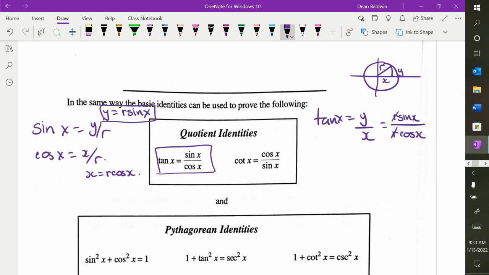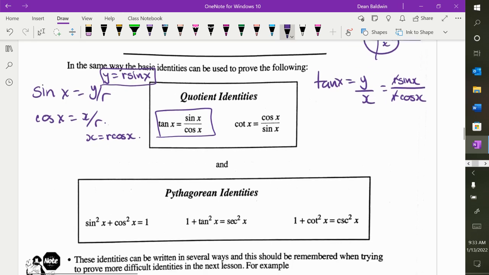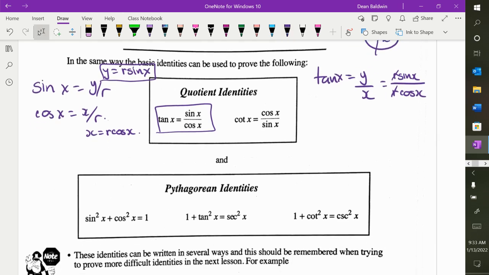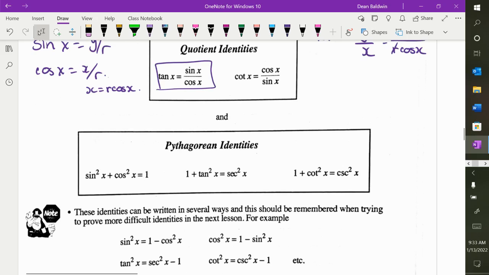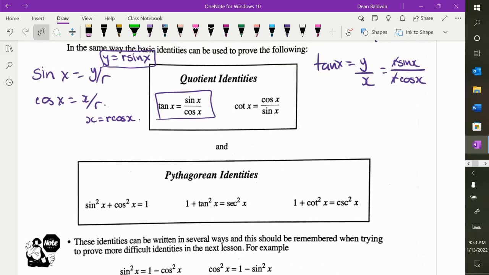Now, along those lines, these are called the Pythagorean identities because they are all squared. If you remember, the Pythagorean formula is x squared plus y squared equals r squared. I just said that x is equal to r cos x and y is equal to r sine x.